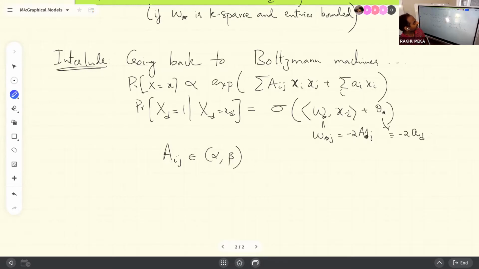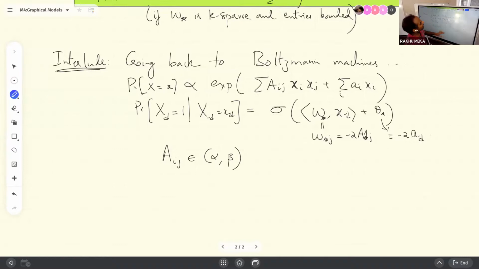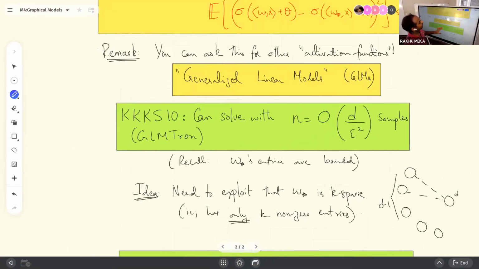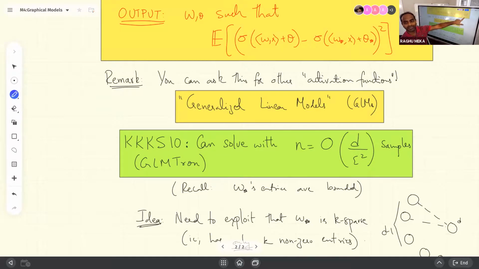Okay, and to recover the graph, I need to know each coefficient which is non-zero, right? But what is this sparsitron guarantee telling us? It's telling us something in L2 error.